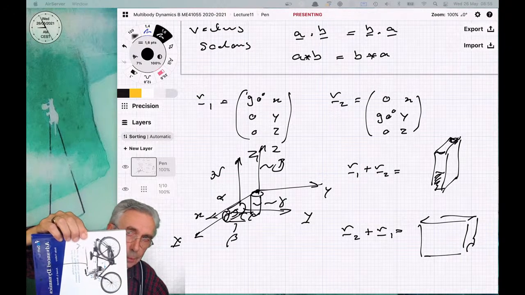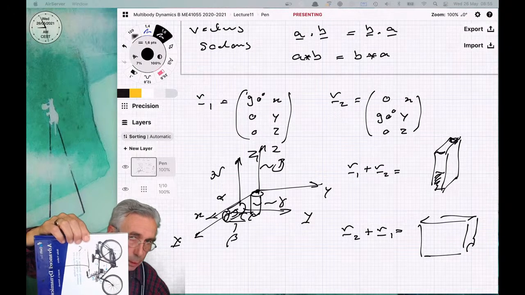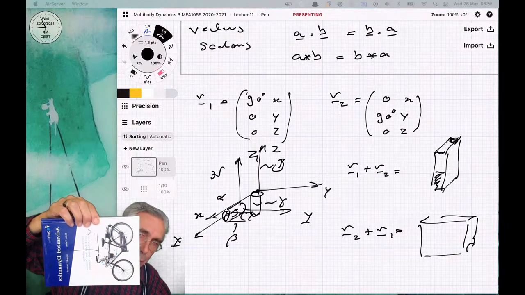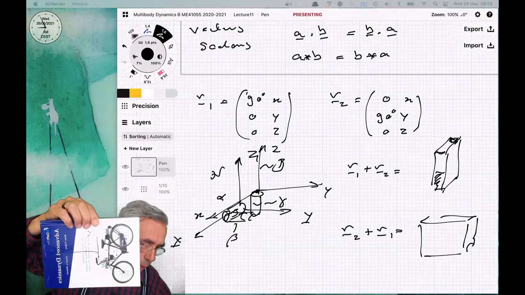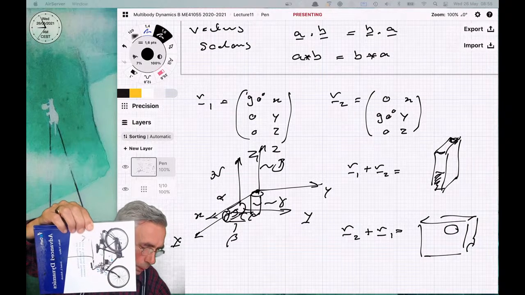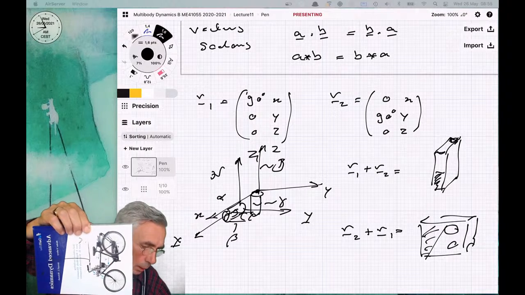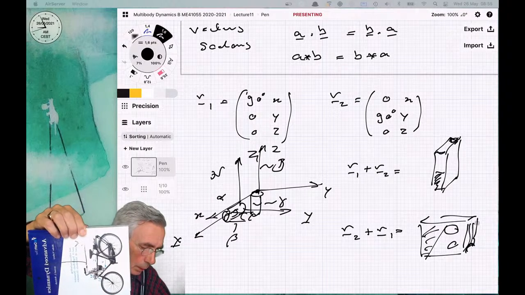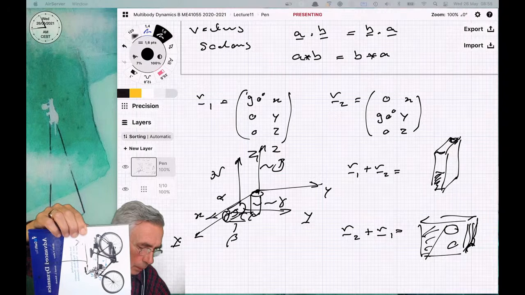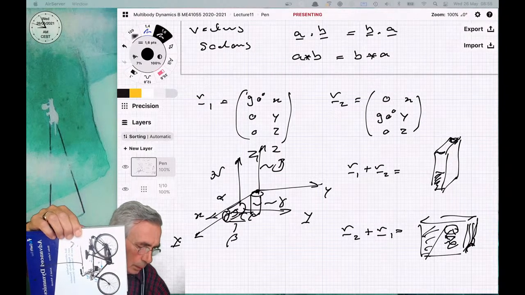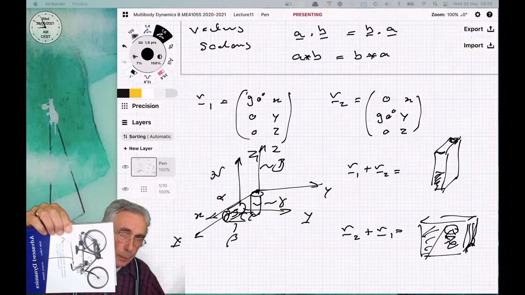What do I see? That's pretty hard to draw. So I see the front of the book and the spine is here, right? And here are the pages. That's good. Okay, yeah.